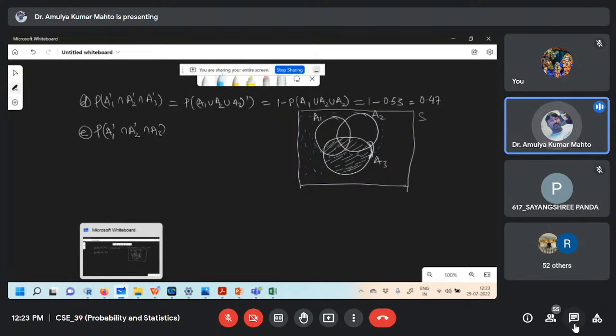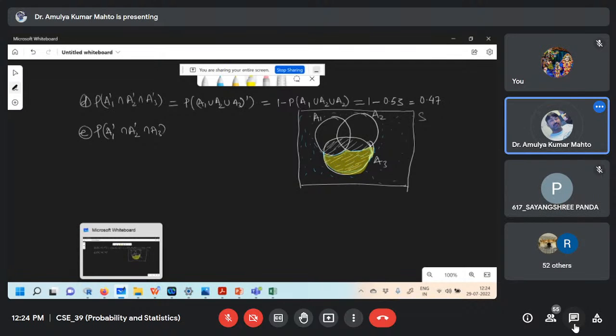So its intersection is this whole outer part. Got it? And then I am taking intersection with A3. So this region is going to be the desired region. Let me take this region. This is the desired region.